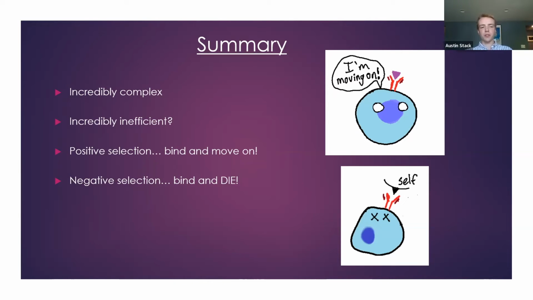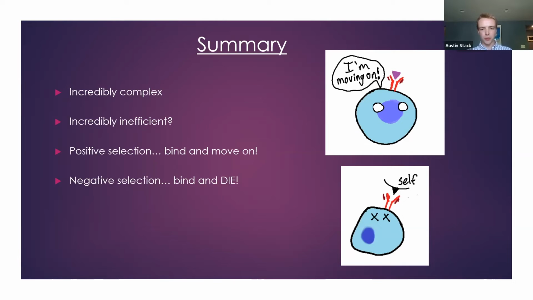And then it's also an incredibly inefficient process. So I showed you how these B cells proliferate, divide many times. And that's for a reason, to generate diversity, but also it can be seen as a bit of a waste. Nearly 90% of the B cells that are generated are told to die in negative selection.